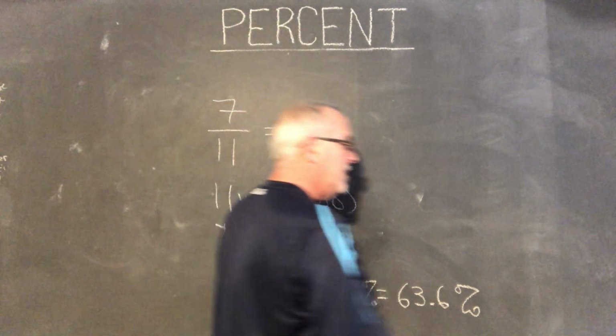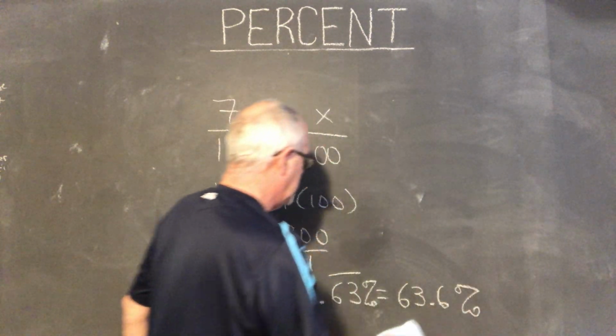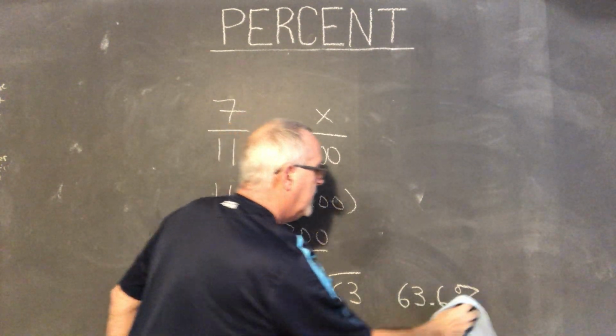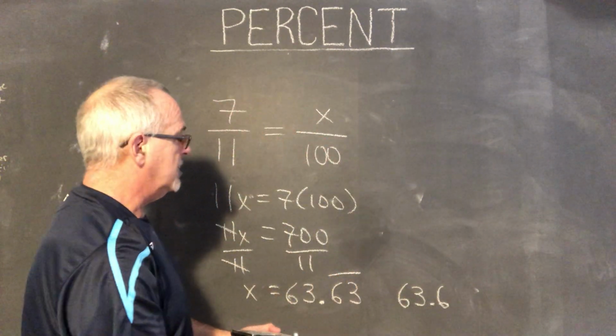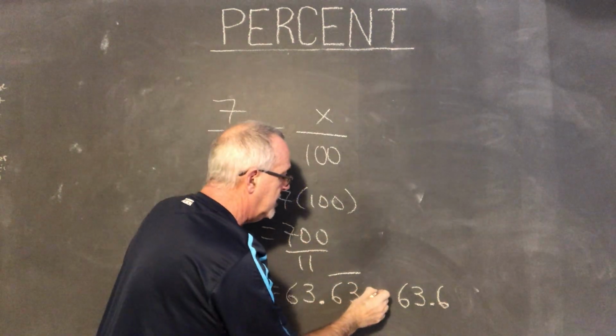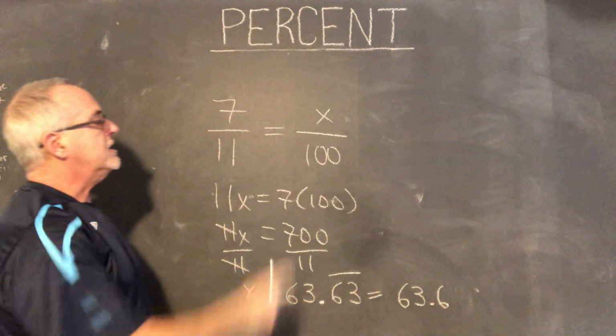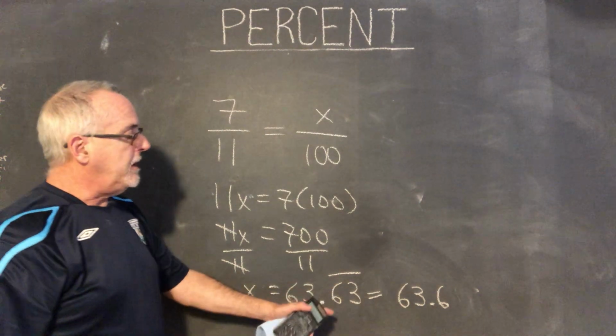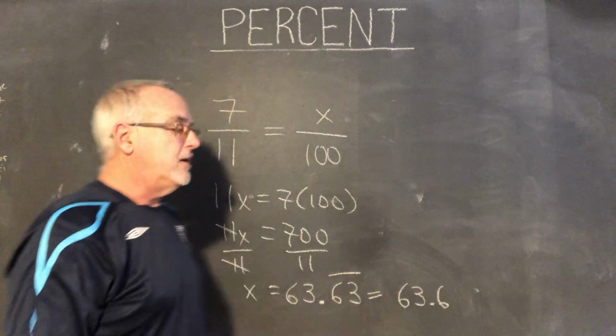I wasn't doing a problem where I needed to give a percent as an answer. I was doing a problem where I had to say what x is equal to. X is equal to 63.63 repeating, or 63.6 if I round it to the nearest 10.